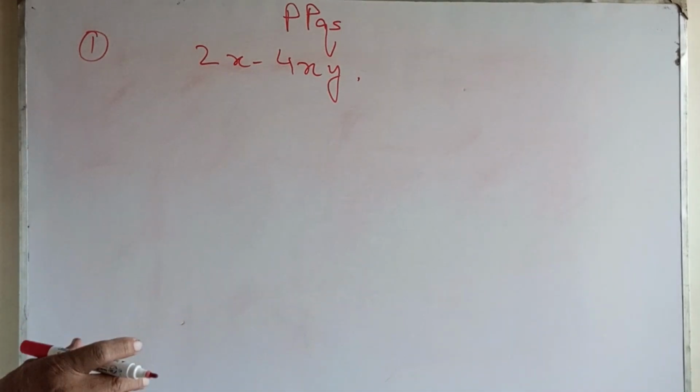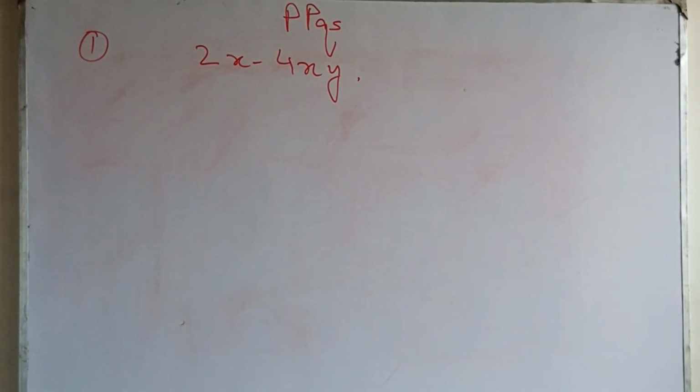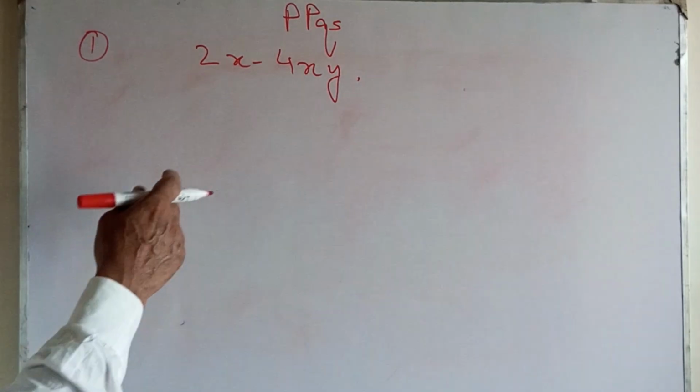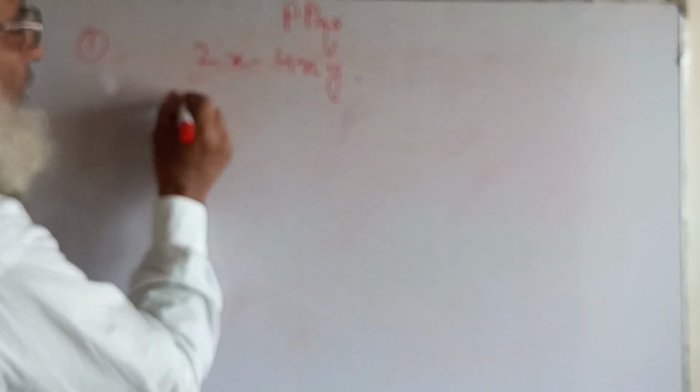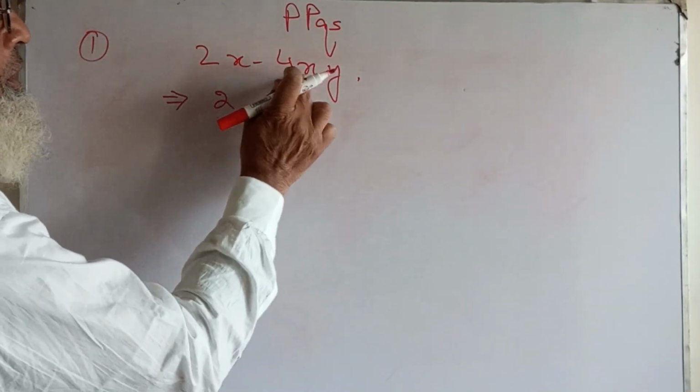So what will we do? You will see what is common between the two. Now you can see that there is x common, there is 2 common between the two. So we'll bring them out.